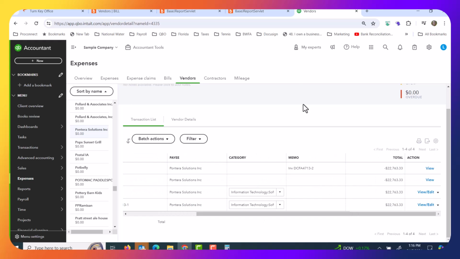So only one of them happened, but because I am going through the process of reconciling all my payments out, I am now able to see that I have a duplicate bill payment. If I had not done this process, there's really no way of catching this. I wouldn't say no way, but it's very difficult, because the bank reconciliation will be correct.